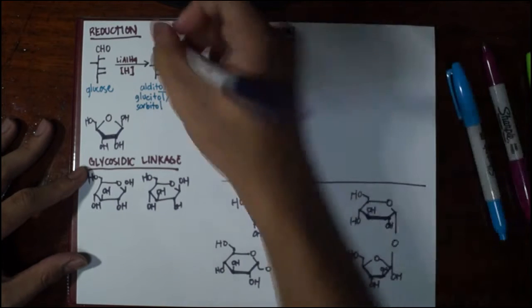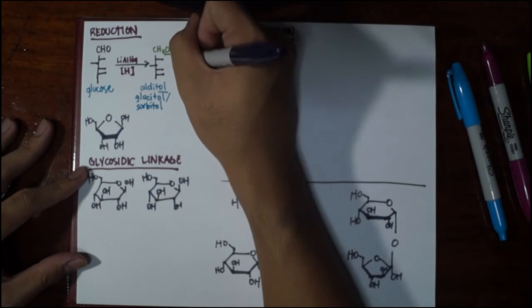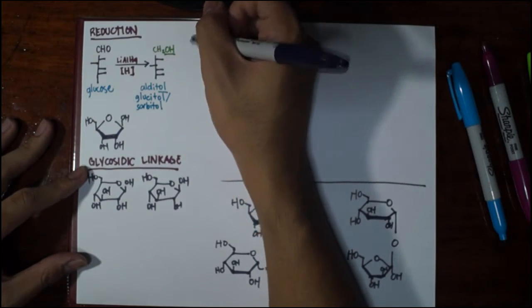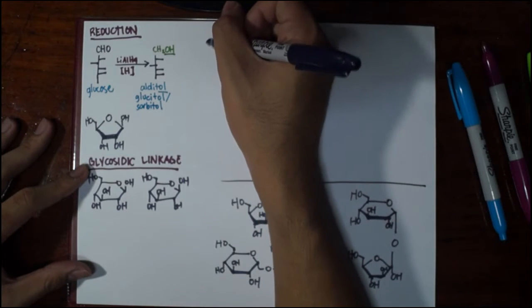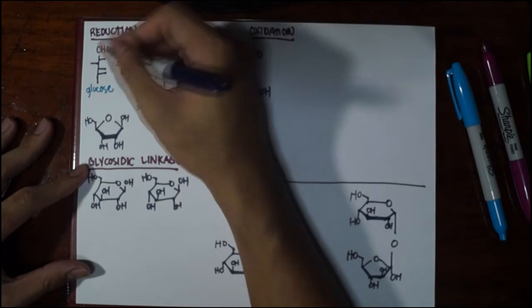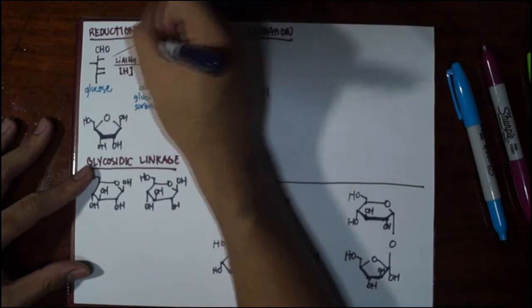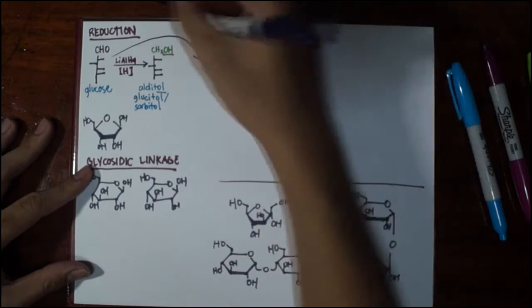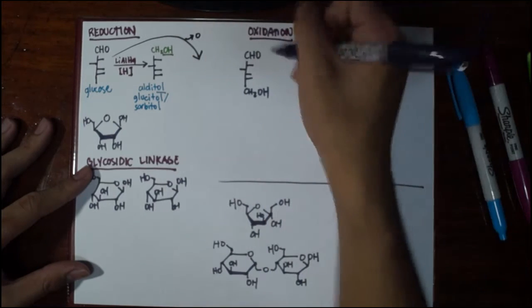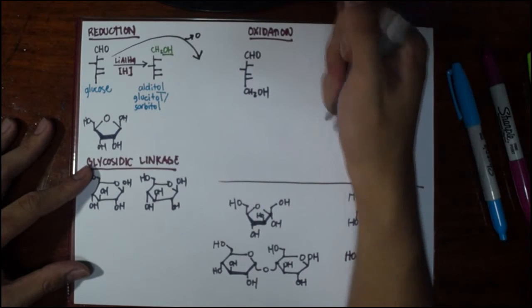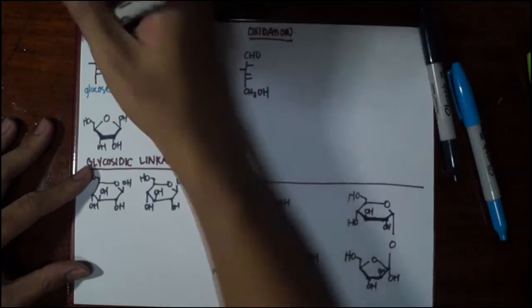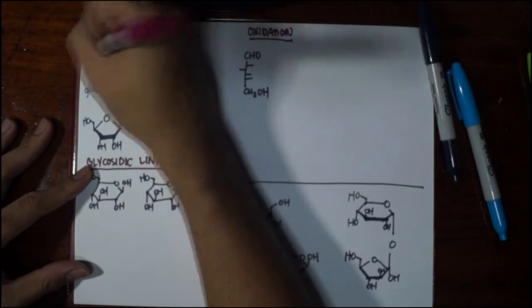But there's also another way by which you could reduce a particular sugar. Instead of simply reducing the formyl or the carbonyl group, if it is the case of a ketose, you could actually remove an actual oxygen here. For example, we want to target carbon number 3.